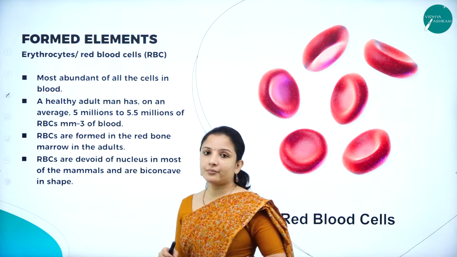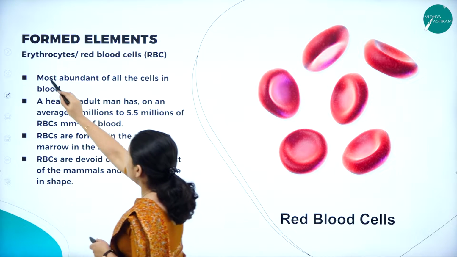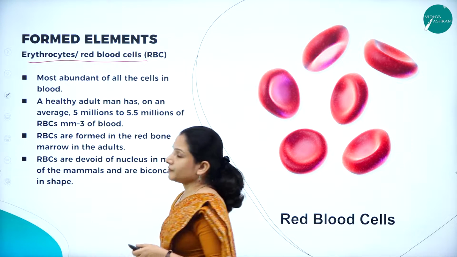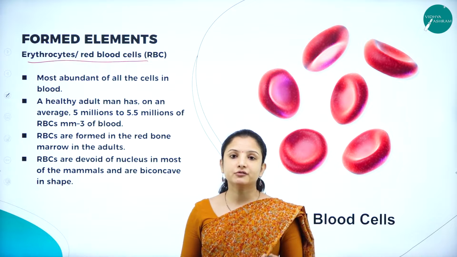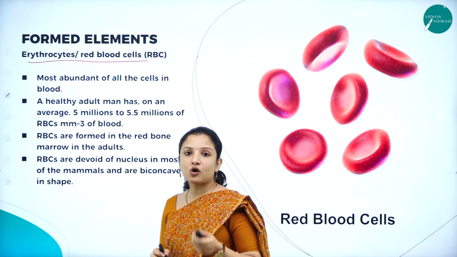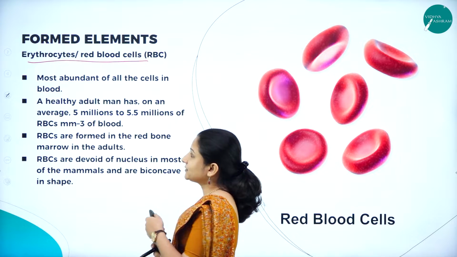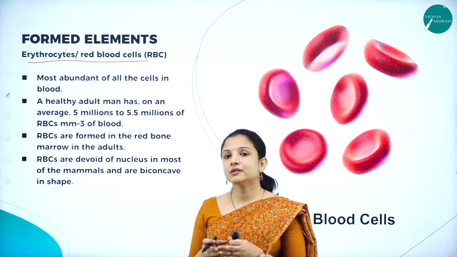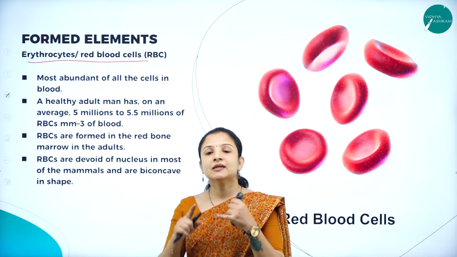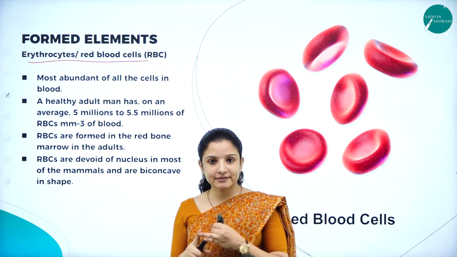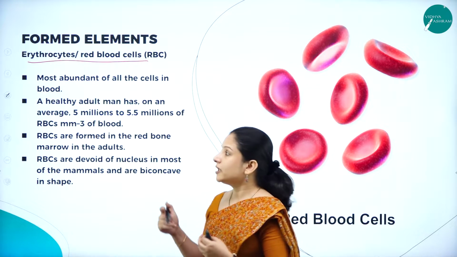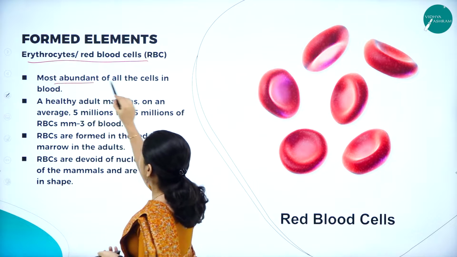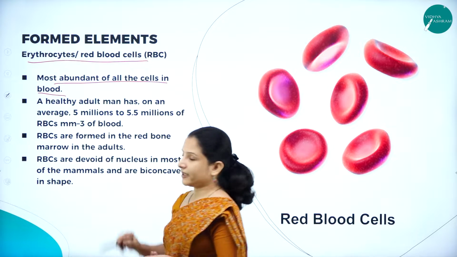So first, talking about the erythrocytes, which are also called the red blood cells, or you can also call it the red blood corpuscles. These erythrocytes are the most abundant formed elements. So there are different formed elements such as erythrocytes, leukocytes and platelets. Out of the three, erythrocytes are the most abundant of all the cells in the blood.